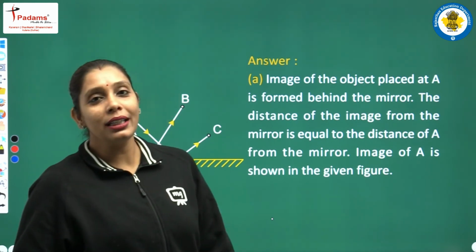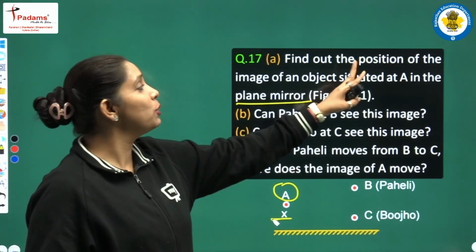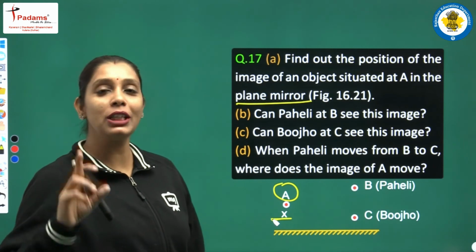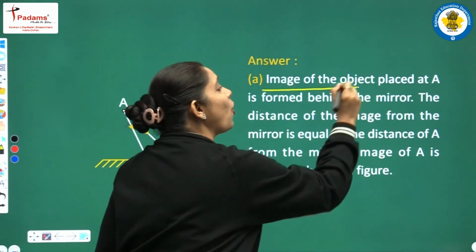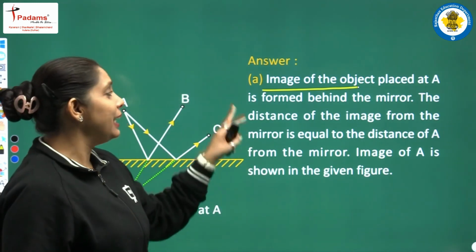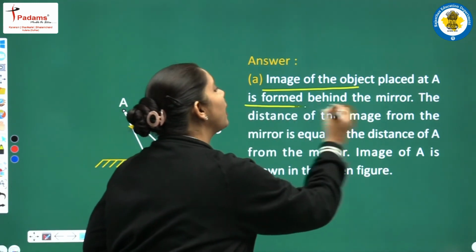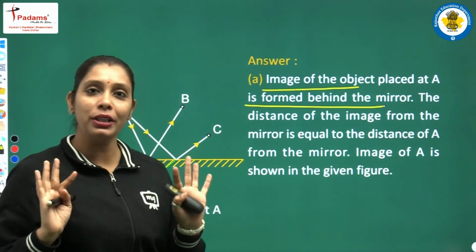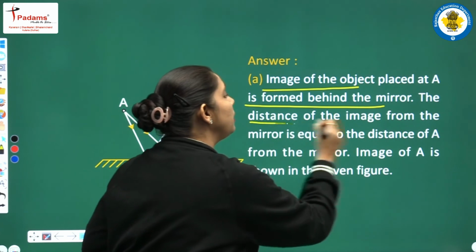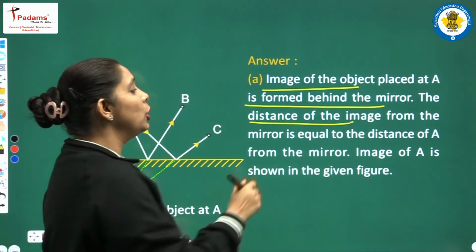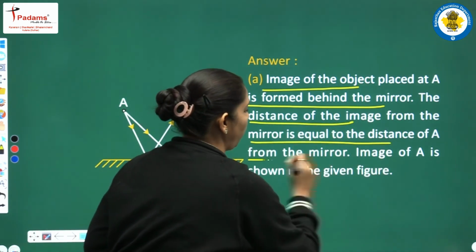देखो, first one is what? First question is that find out the position of the image of an object which is placed at the point of A. Clear? The image of object placed at A is formed behind the mirror. We already know that. ठीक है? The distance of the image from the mirror is equal to the distance of A from the mirror.